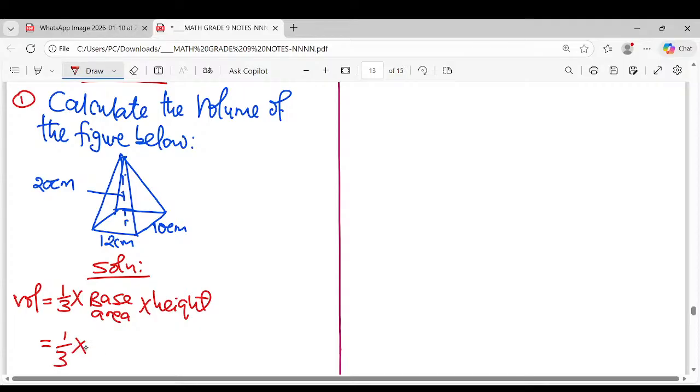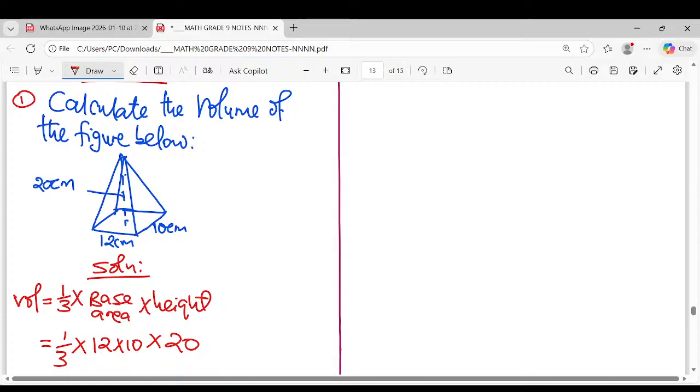The base is rectangular in shape, and therefore to get its area, it is the area of the rectangle, that's 12 times 10. That gives you the base area, times the perpendicular height, which in this case is 20.